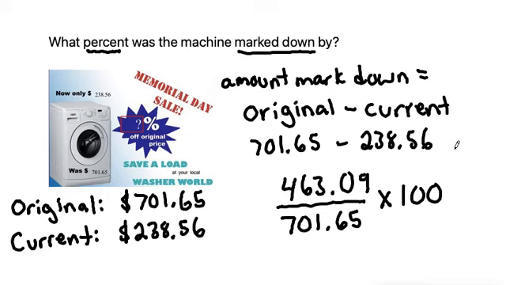So I'll just do divided by 701.65 and then times 100. And that gives me my percent markdown, which is 66. It has some decimals on there, but I'm just going to round it to the nearest whole number, 66% markdown.